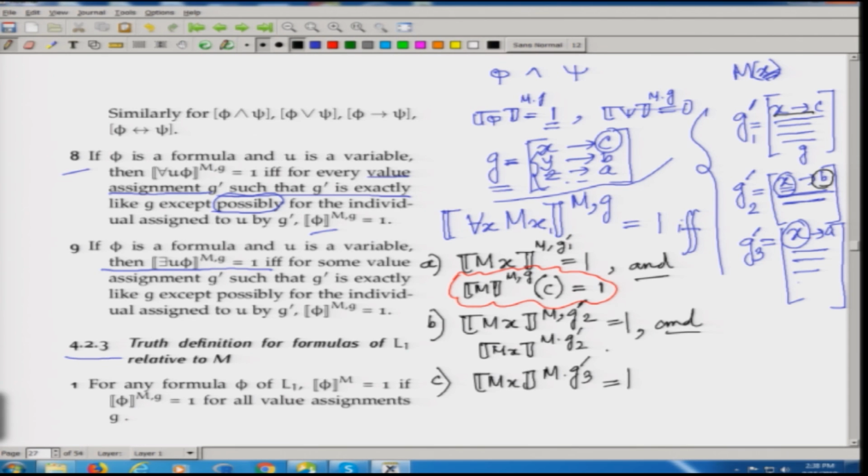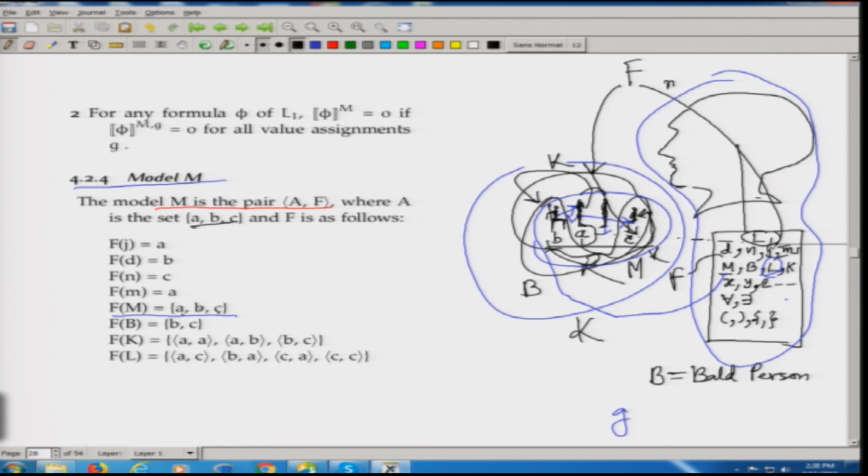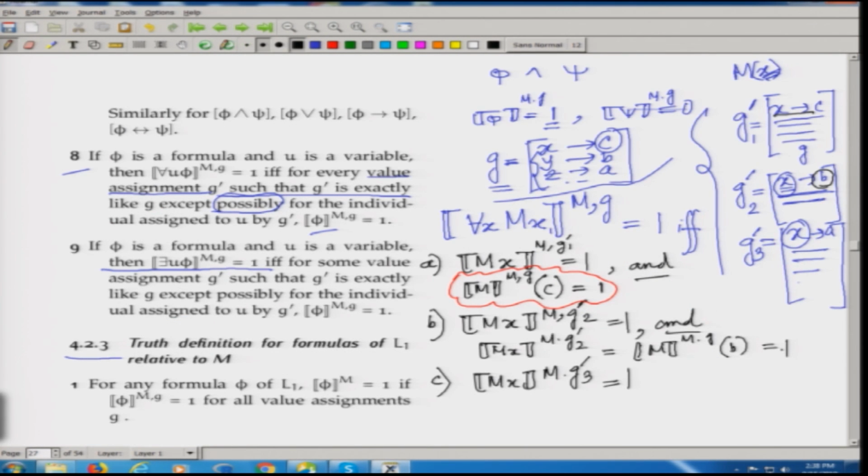Now, mg takes what value? B. G prime 2 gives b to our variable x, and since everything is part of it, you see, b is part of it, c also is part of it, we have seen that. Because of that, this is also 1.